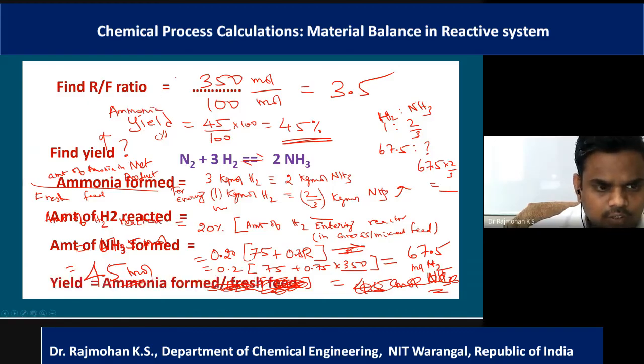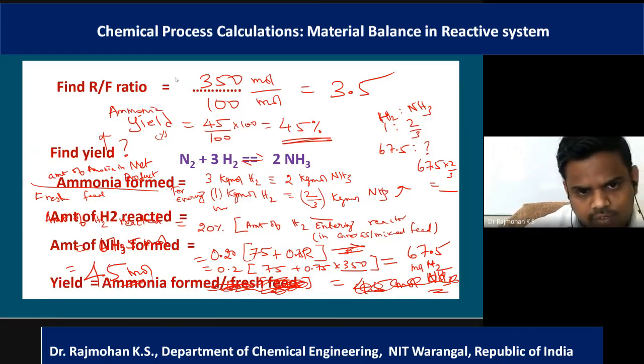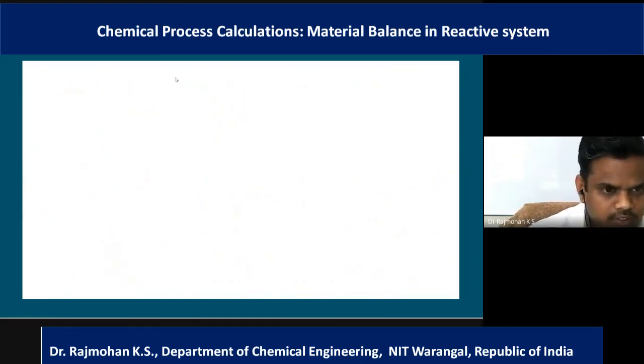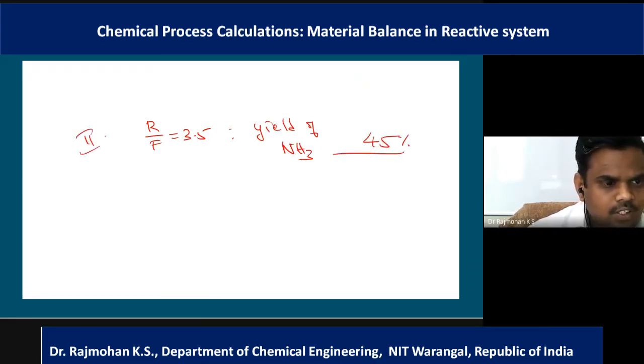So that is our answer. Yield equals ammonia formed by fresh feed, which is 45 by 100, which is 45%. So that is our answer. So R by F ratio is 3.5 and yield of ammonia is 45%. That is the answer for the second part.